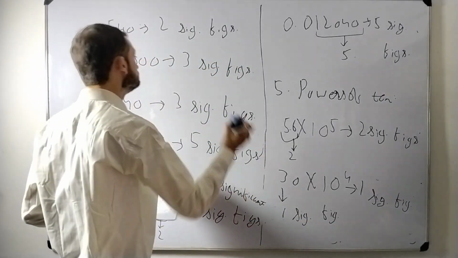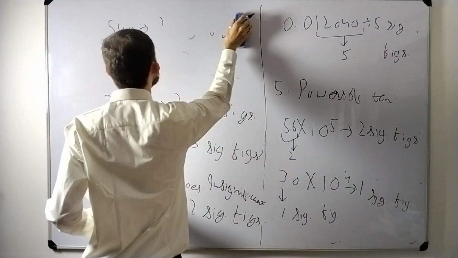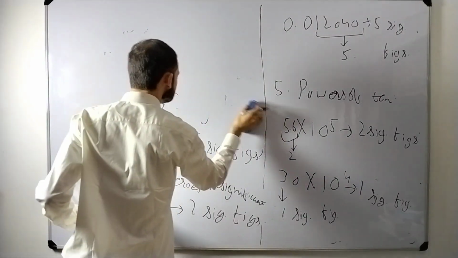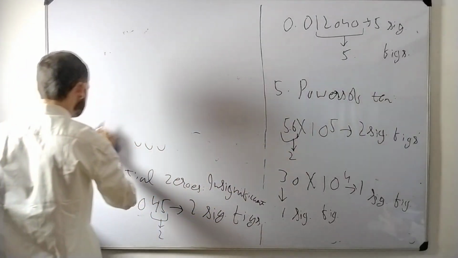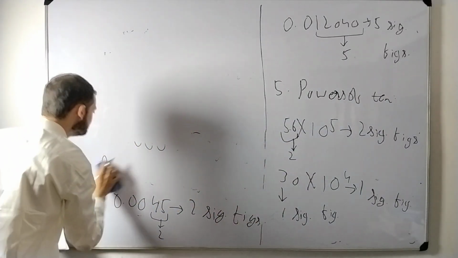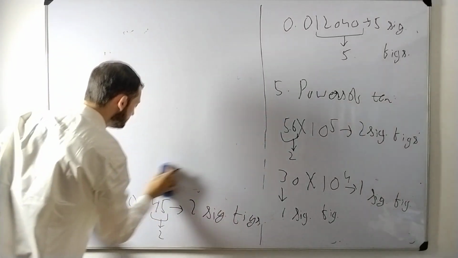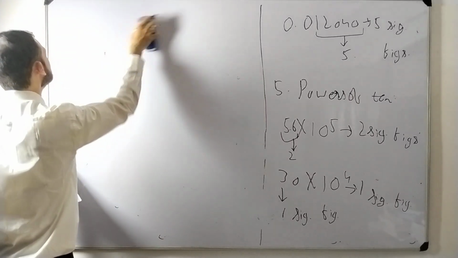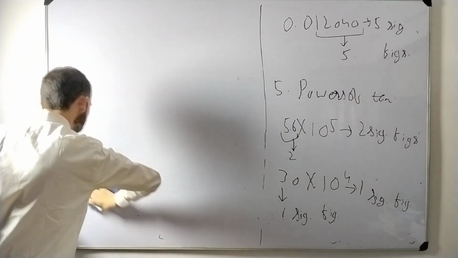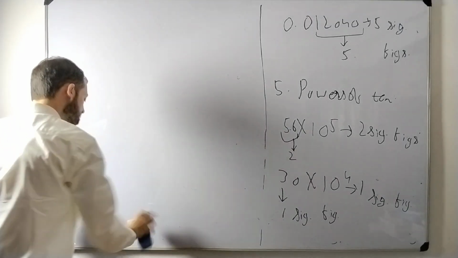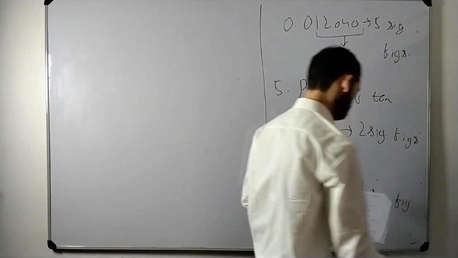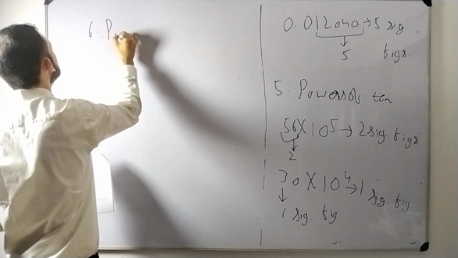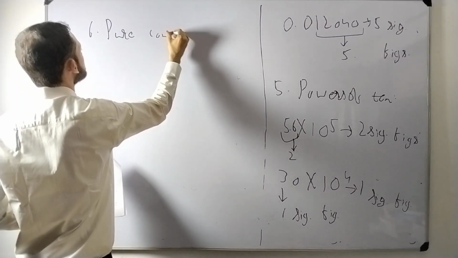Now the last rule. Last one, rule 6, pure constants.